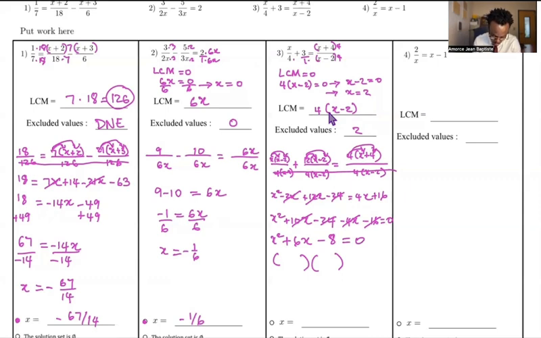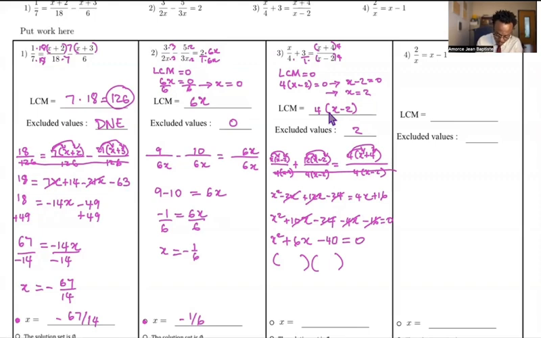And then it's negative 4. So that's negative 40. Okay, so now everything is right.